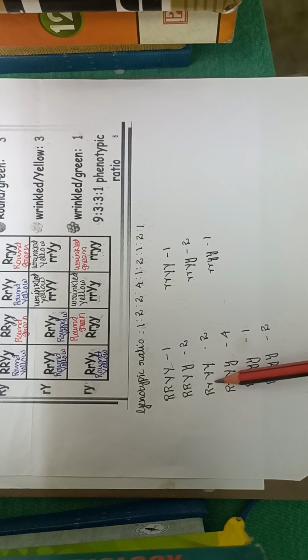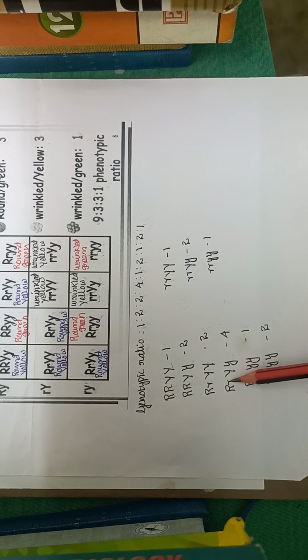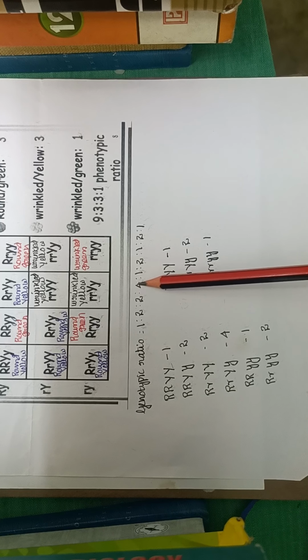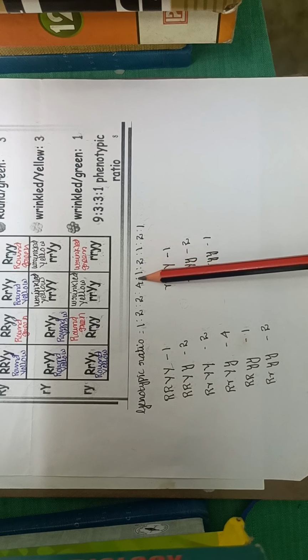Capital R, small r, capital Y, capital Y, how many individuals are formed? 2 individuals are formed. Capital R, small r, capital Y, small y contains 4 individuals. So 4. Capital R, capital R, small y, small y, how many individuals are formed? Only 1.